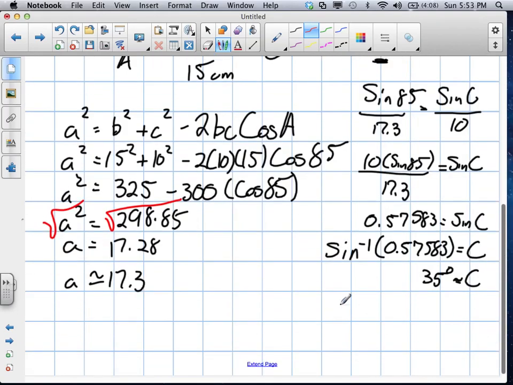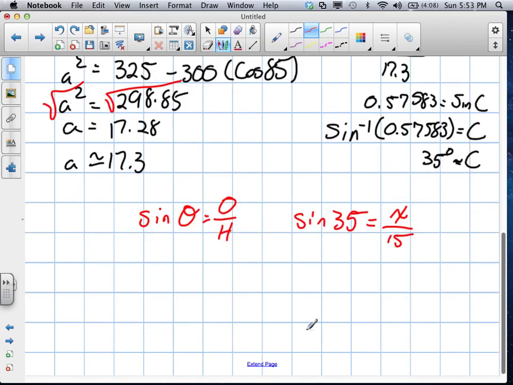So we are looking at sine theta is equal to opposite over hypotenuse, which in this case is sine 35. We're looking for the opposite, so we'll call it x, and our hypotenuse is 15. So this becomes 15 times sine 35 is equal to x.